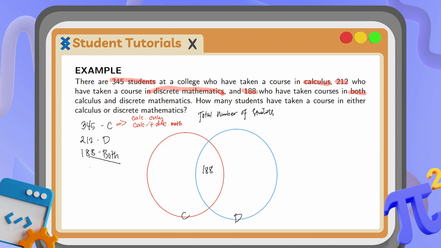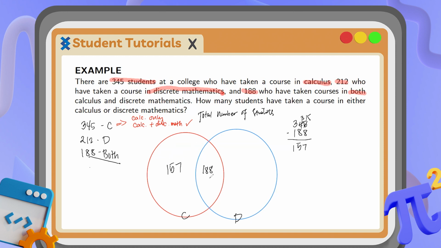To get those taking calculus only, because we are already done with this one, we can simply subtract 188 from 345. With that, you find the number of students that took calculus only, which in this case would be 157.